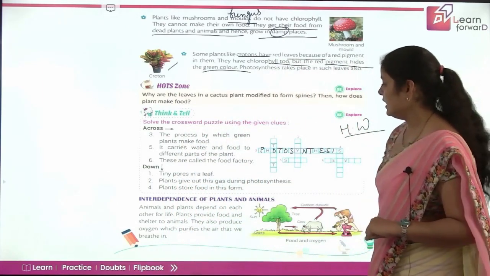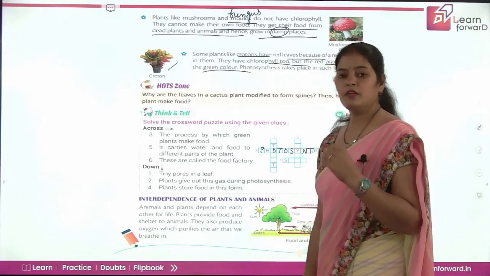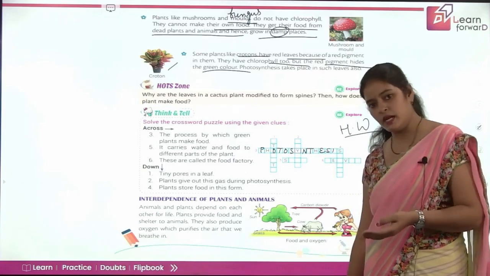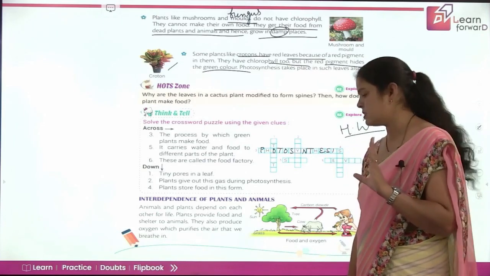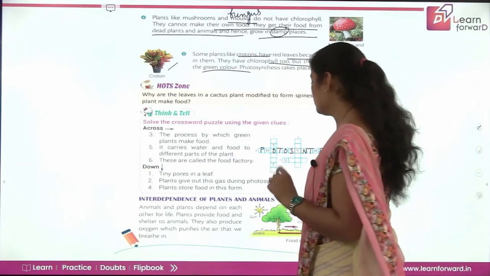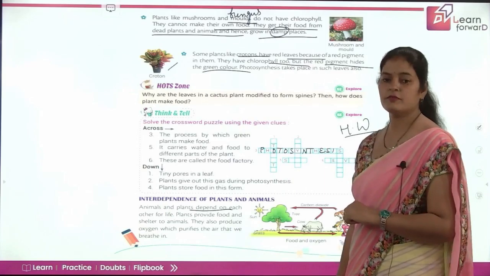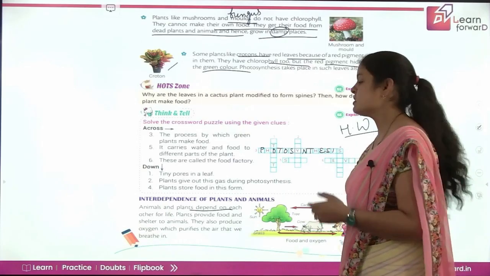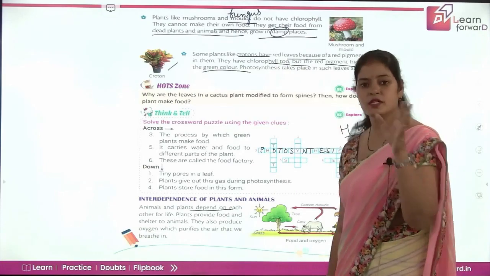Now next, interdependence of plants and animals. You know that we as animals are dependent on plants and plants are also dependent on us for some of their purposes or processes. So let's see how. Animals and plants depend on each other for continuing their life, for surviving, for getting food, for getting dispersed from one place to another.